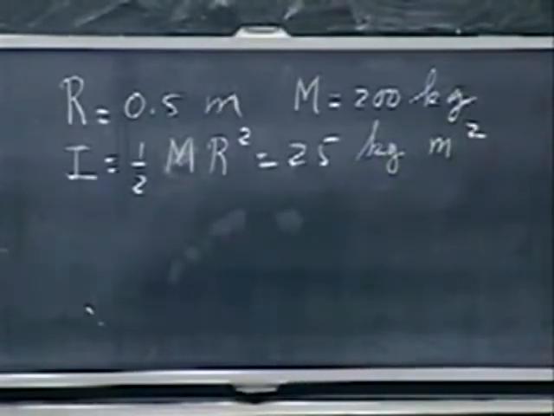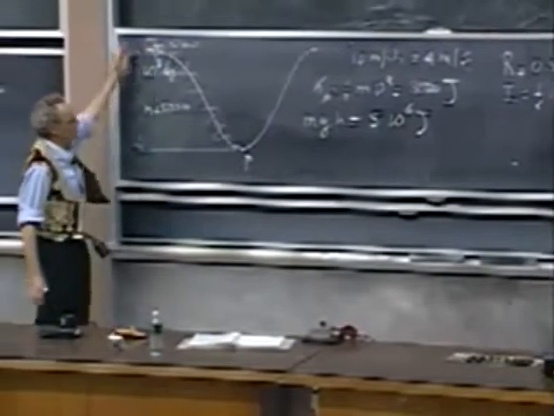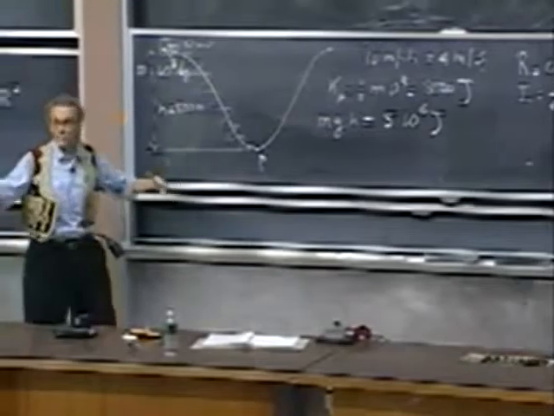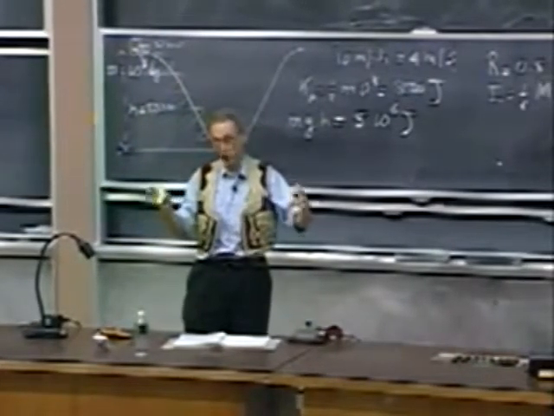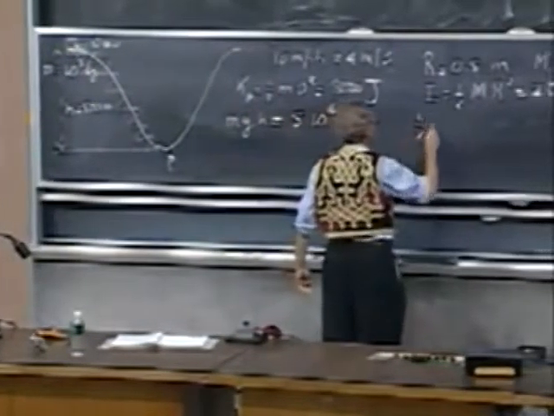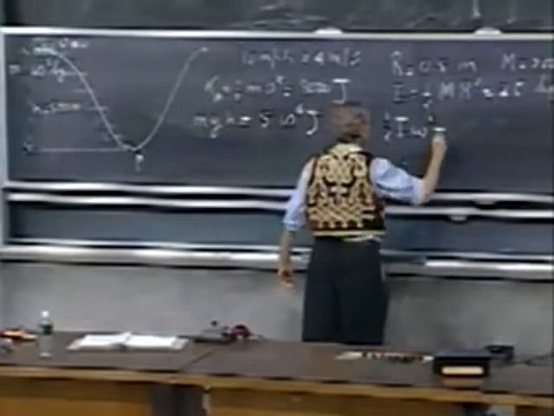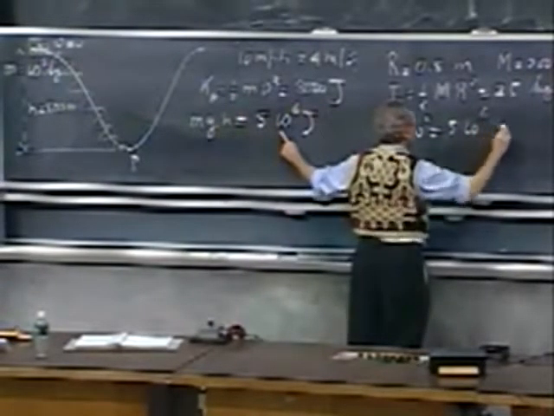Now what we would like to do is convert all this gravitational potential energy into kinetic energy of that disk. If you think of a clever way that you can couple that, and people have succeeded in that, then you really would like 1/2 I omega squared to be 5 times 10 to the 6 joules.